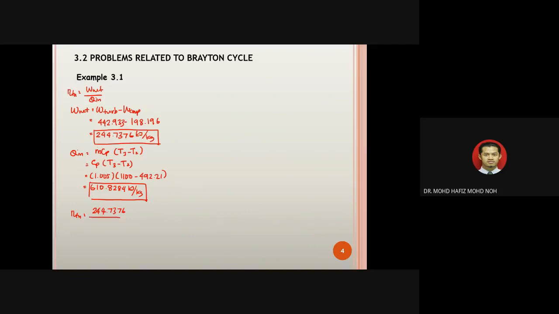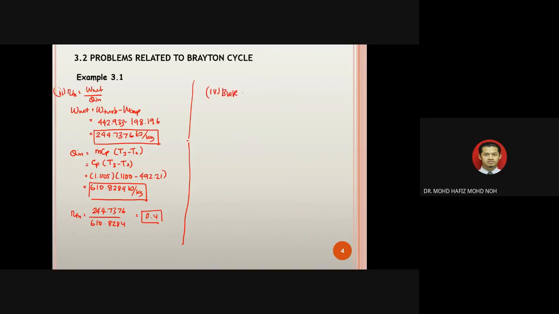244.7376 divided by 610.8284. The thermal efficiency is 0.4. Then the last question, number 4, is the back work ratio.